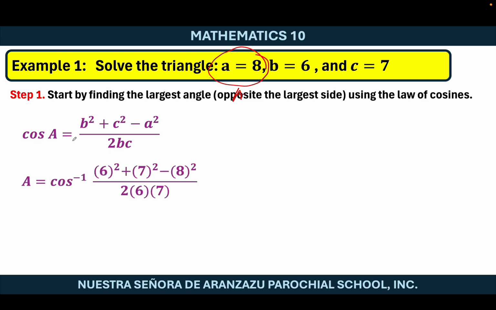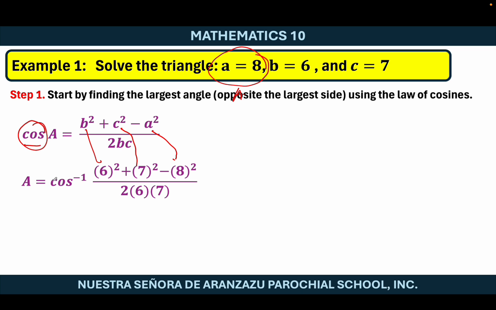Now, we substitute all the given. Yun lang naman yung gagawin natin dito after we use the formula. Input nyo lang lahat ng value. Si B is 6, si C is 7, si A is 8. Then, since kailangan matira sa left side of the equation natin is angle A lang, get the inverse of cosine.